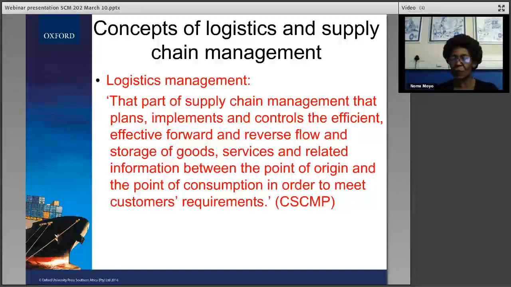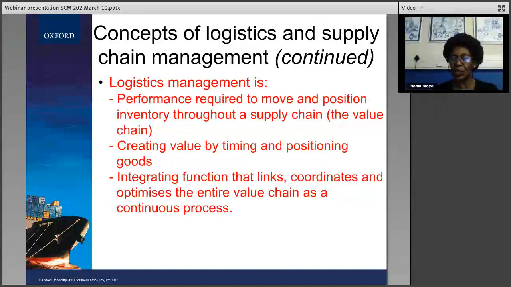Logistics management is that part of supply chain management that plans, implements, and controls the efficient, effective forward and reverse flow and storage of goods, services, and related information between the point of origin and the point of consumption in order to meet customer requirements. Logistics management is the performance required to move and position inventory throughout the supply chain.